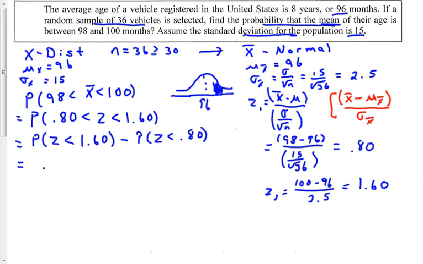So 0.9452 minus 0.7881 gives us a score of 0.1571.